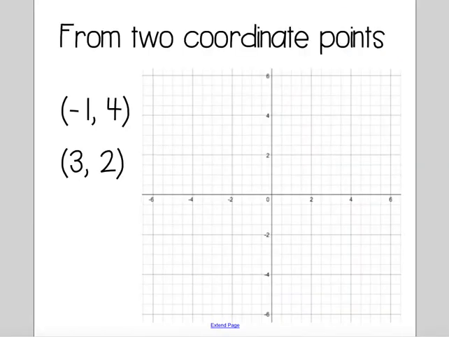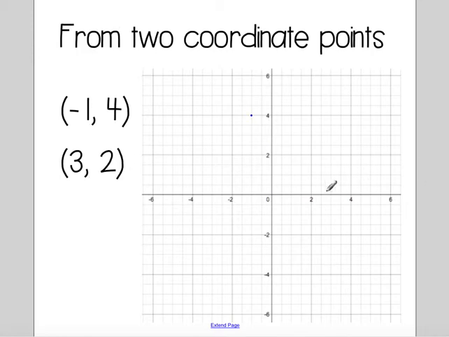Our fourth way is from 2 coordinate points. Now, there's a formula for this, but in the past I have found this way just a little bit easier and just a better way to visualize it. So I'm going to go ahead and start by plotting these points. So we have negative 1, 4, so going over 1, up 4, there's my first point.